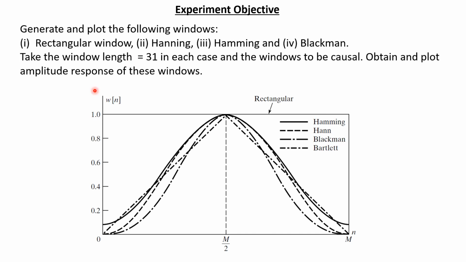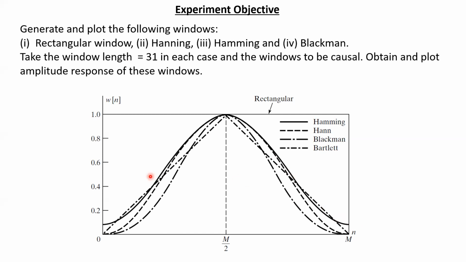Here you can see the typical window waveforms in the time domain. This solid line is the Hamming window. Remember that though it is plotted as a continuous curve, normally in a window we will be getting a discrete sequence.